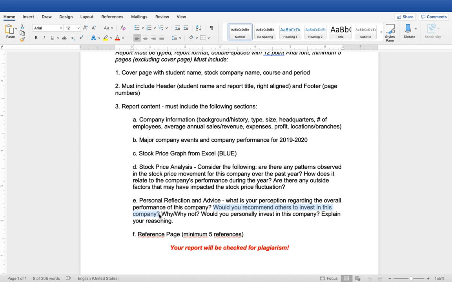That's why we talk about mutual funds, ETFs, index funds. But in this situation, if you had to recommend a stock, would you recommend your client to invest in this company? Why or why not? Always explain, always give your why behind it.